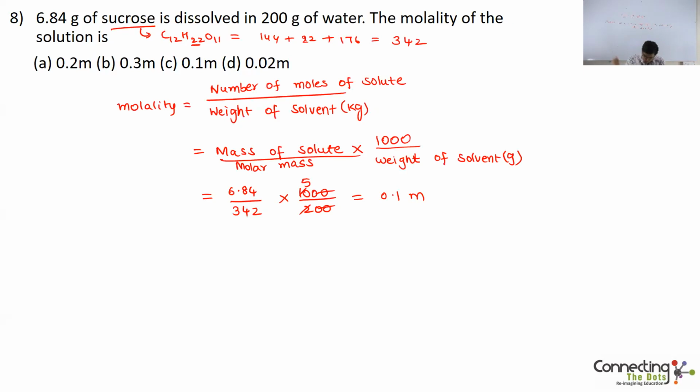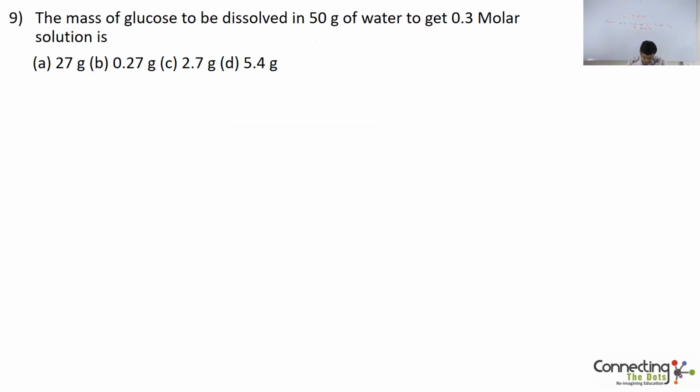So molality is denoted by the letter small m. So if you look at the option, C will be the correct answer. So that's how we solve these kind of questions. Let us look at the next question. The mass of glucose to be dissolved in 50 grams of water to get 0.3 molar solution is.